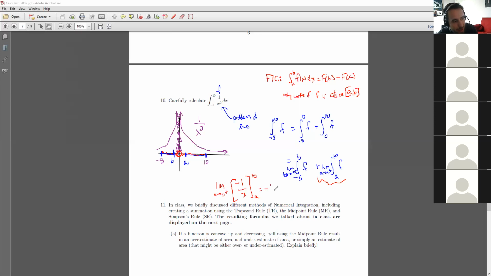And so that becomes negative 1/10 minus negative 1 over a, limit as a goes to 0. And as a goes to 0, this thing blows up. So this entire limit diverges to infinity. Full stop. We can't compute the rest of it. This overall integral is now known to diverge.